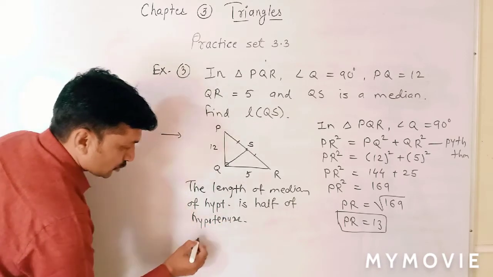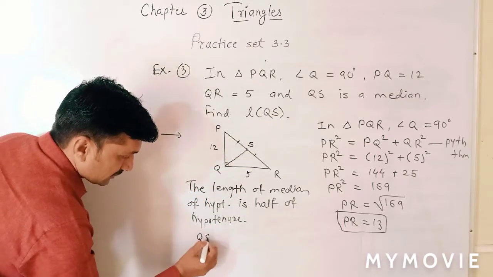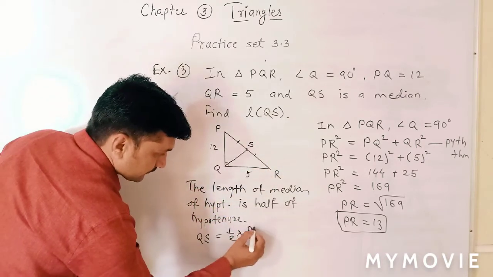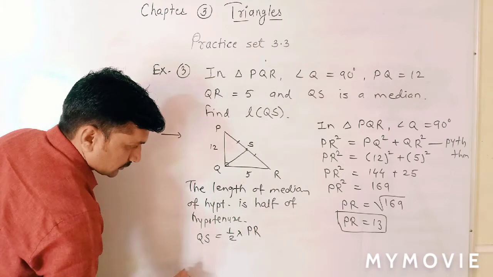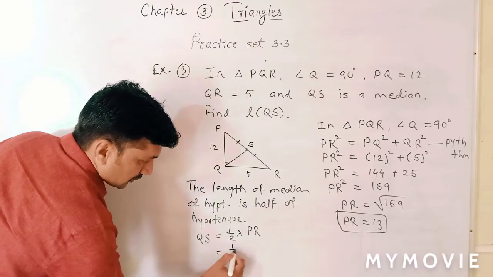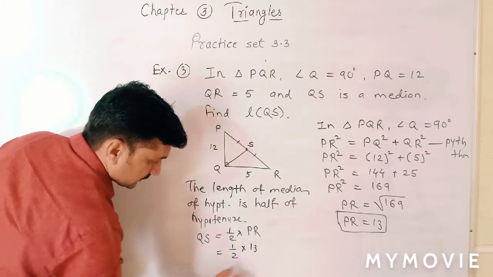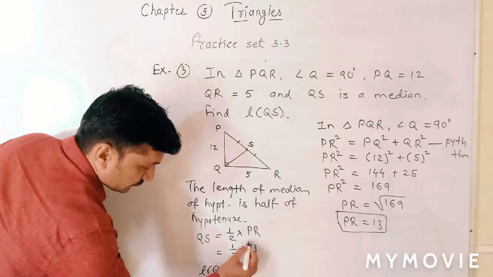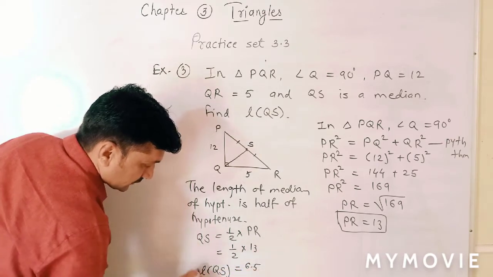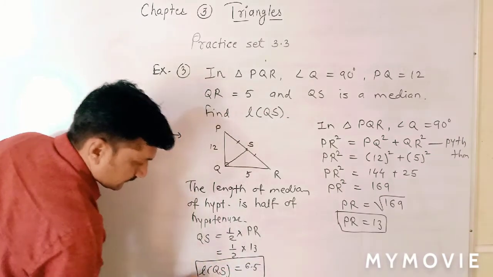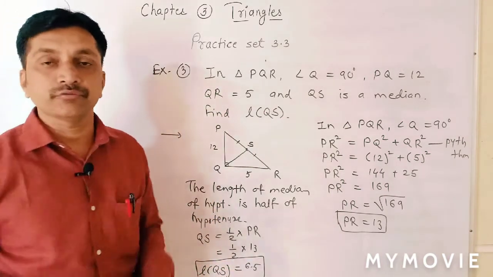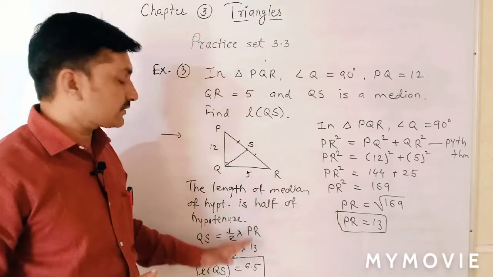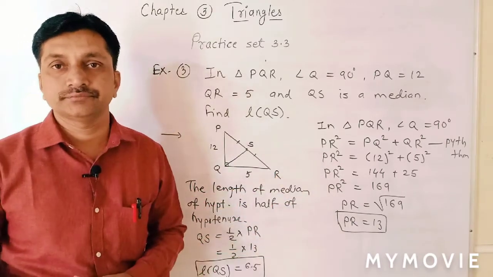Okay, now by this property QS is the median and it is half of the hypotenuse PR, is equal to half into 13, and therefore we get here length QS is equal to half of 13, 6.5. In this way we used two properties, one the Pythagoras theorem and second the median property.